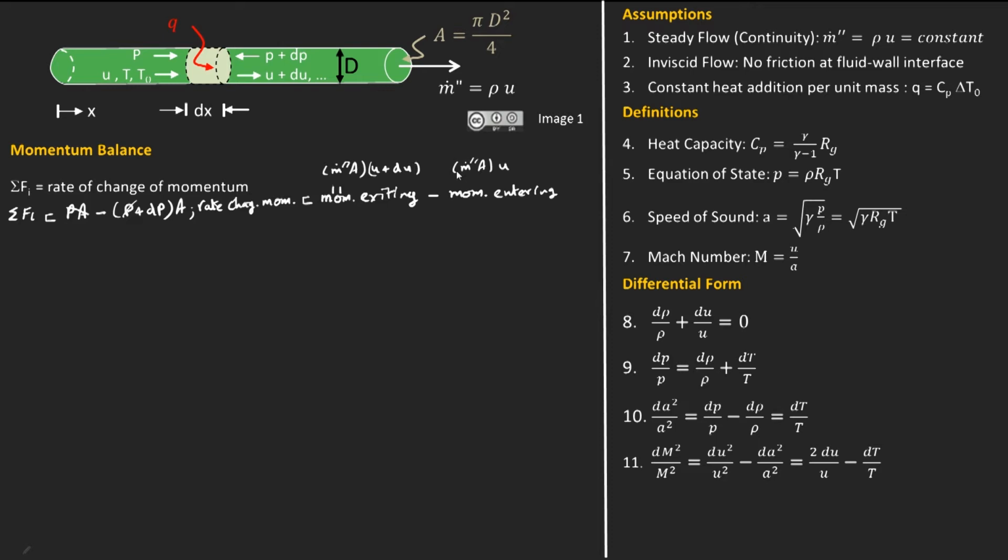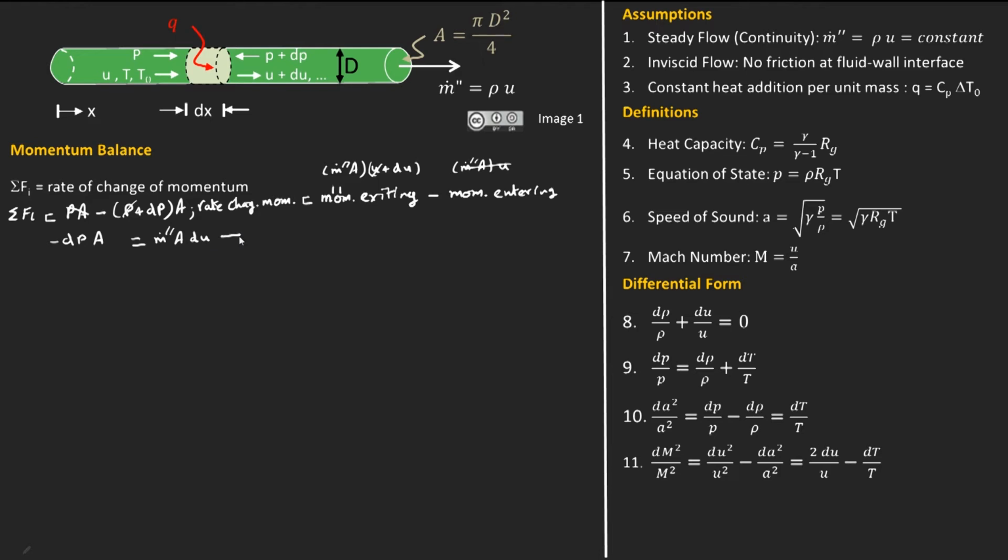As we can see, once we write this down, we'll have some terms cancelling each other, and therefore when we equate the total force to the rate of change of momentum, we get minus dp times A should be equal to what was left there, m dot double prime times A times du.